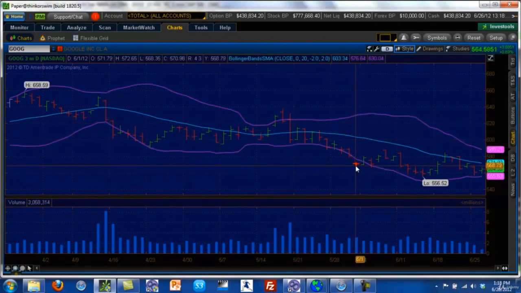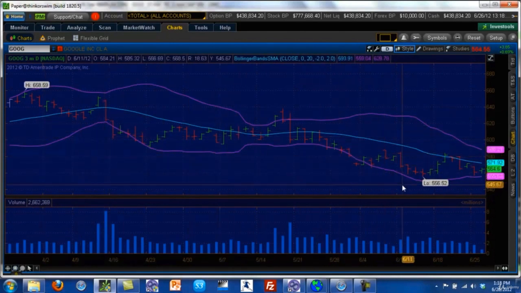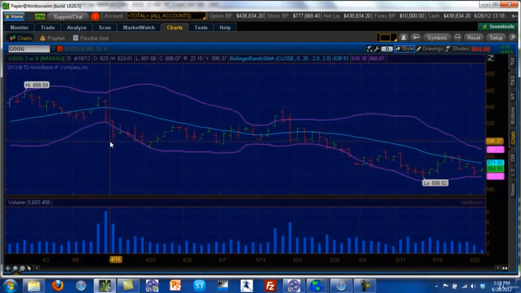Here we have a reading outside the band, and here also we have a reading outside the band but it closes inside. Here again we have a reading outside but it closes inside. So you can see that the 2 standard deviation move is pretty accurate. So 5% of the time the stock is going to go outside of this range.